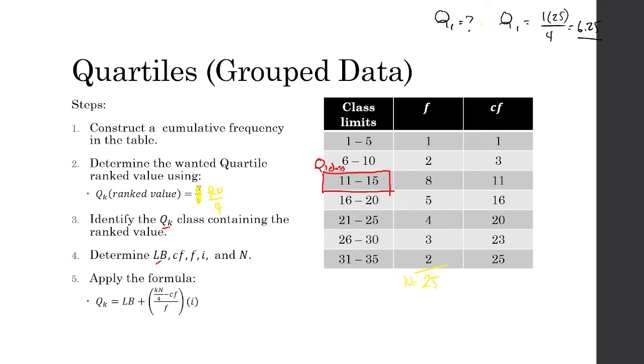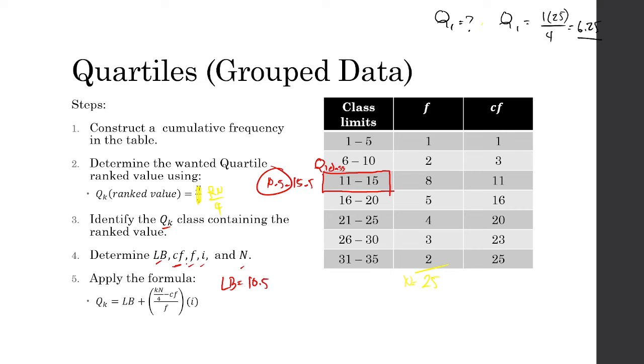We just need to determine for the LB, CF, F, interval, and tapos tayo rin sa N. So, for the LB, that is the lower boundary. So, kung kukunin natin yung true class boundary nito, so this will be 10.5 to 15.5. Yun kasi we'll be using 10.5 as our LB. So, our lower boundary is 10.5.